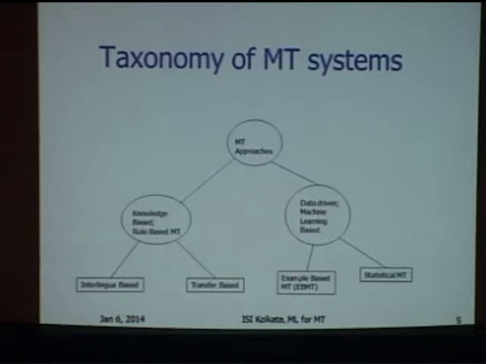Under the data-driven approach, again, there are two big streams, which are example-based machine translation, again originated in Japan much before statistical machine translation. But there is no doubt that today's ruling paradigm is statistical machine translation, machine learning-driven machine translation. So the goal of today's lecture is to understand the basics of this approach and some current developments.